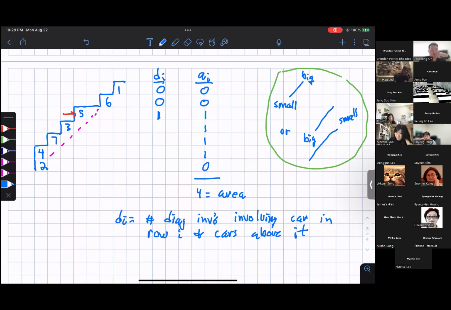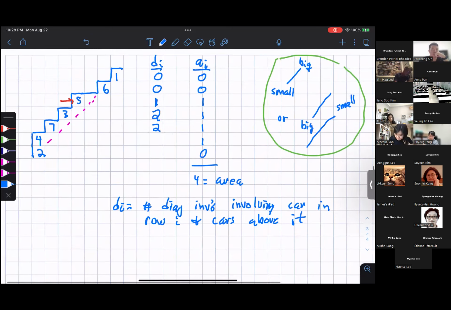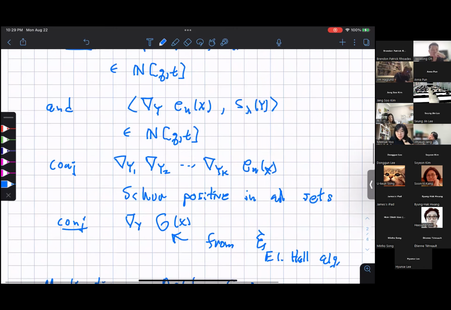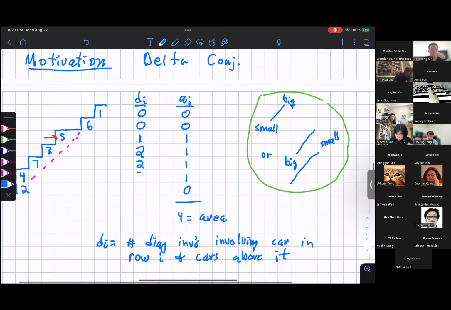And the 3 is also an inversion with the 1, but also with the 5. So that DI is 2. And the 7 is an inversion with both the 6 and the 1. And the 4 is an inversion with the 1, the 5, and the 7. And the 2 is an inversion with the 6.